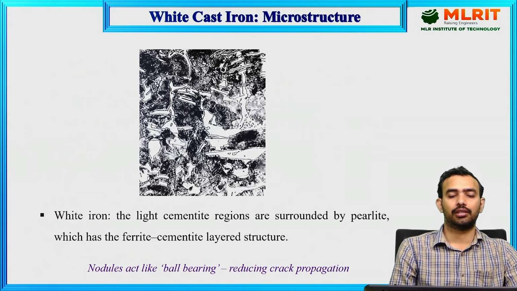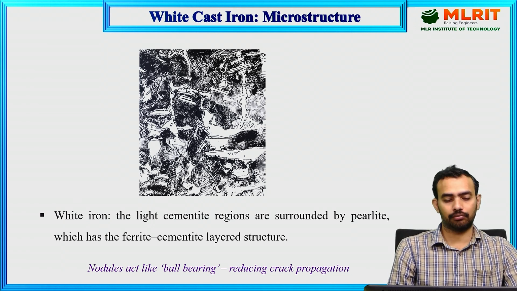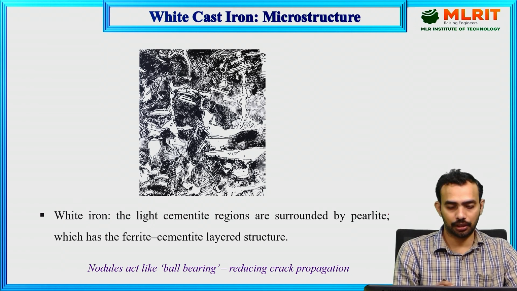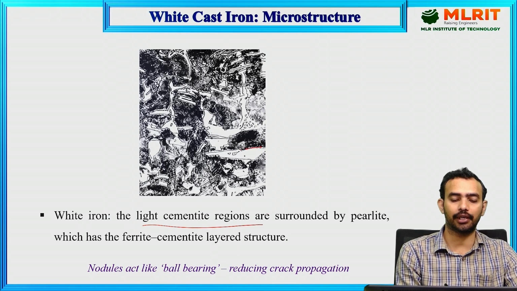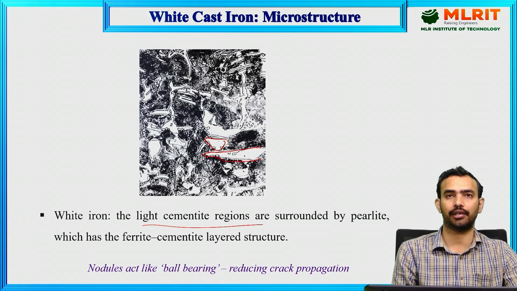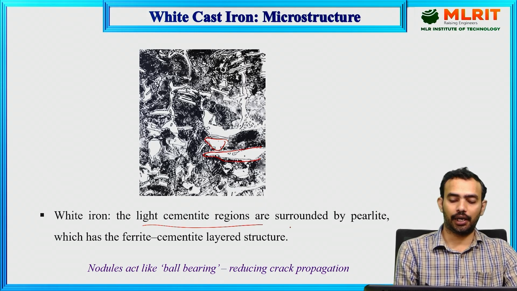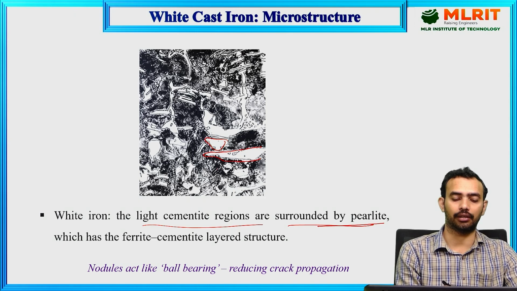Right. So if you look at the microstructure, you can see the light cementite regions here. All these are cementite regions, which are surrounded by the pearlitic matrix. These are the alternate layers. You see the alternate layers. So this is basically a pearlitic nature.